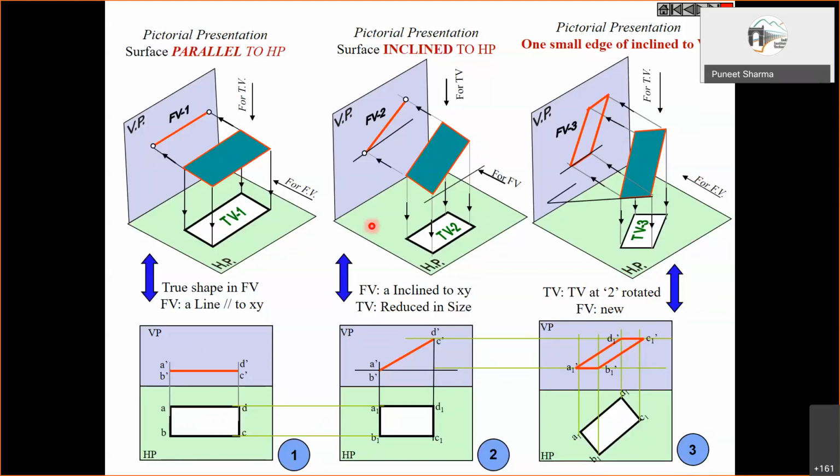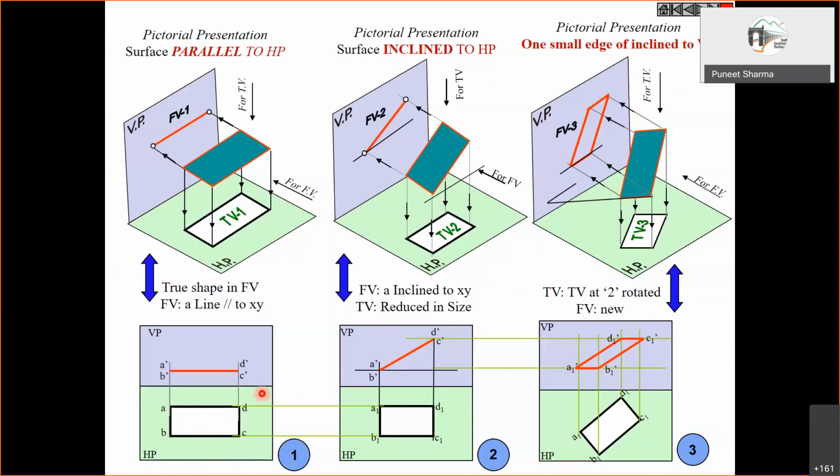Next, there is one short edge which remains parallel to the horizontal plane in the final view and is maintaining inclination with the vertical plane. So here what we have done is kept this edge perpendicular to the XY line.